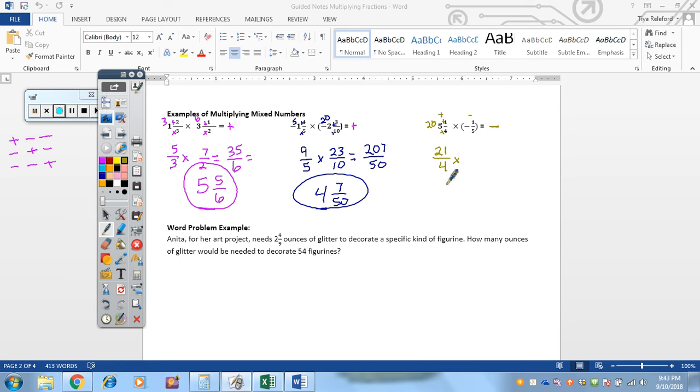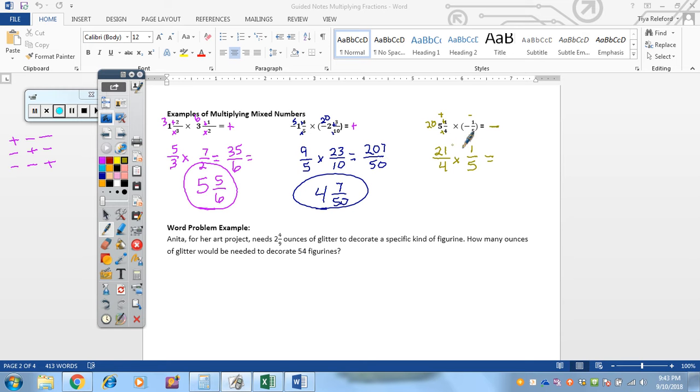4 stays the same. And do I have to do anything with the 1/5? I don't. Now I can rewrite the negative. I don't have to. I already know the answer is negative. That's all up to you. Can I simplify 21 and 5? No. How about 4 and 1? Nope.